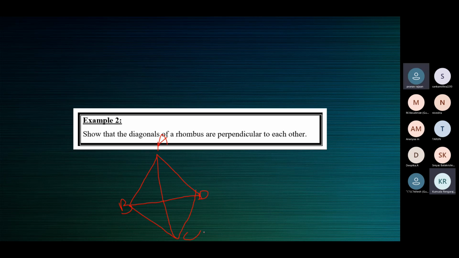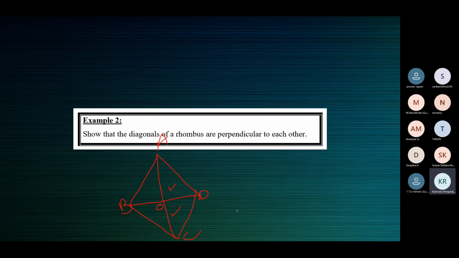Okay, ABCD. Let's say the diagonals meet at O. I want you to prove that this triangle is congruent to this triangle. List the equalities. Ma'am, OD is common for both.